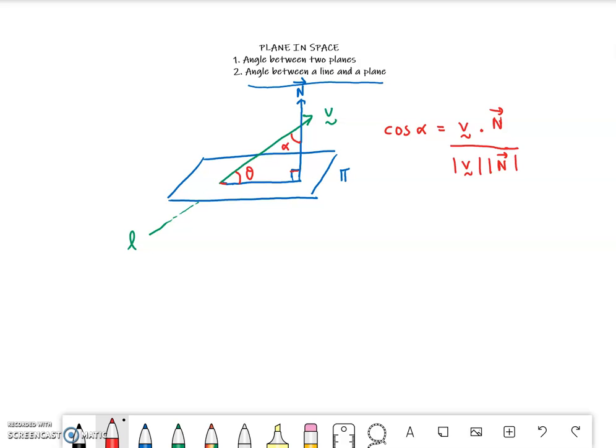Since we have here 90 degrees, we know that the angles of a triangle add up to 180. So since this is the right angle, what is left is that alpha plus theta is equal to 90 degrees, or we can write it as pi over 2. So now our theta is equal to pi over 2 minus alpha.